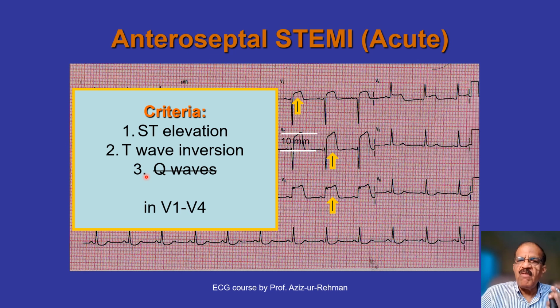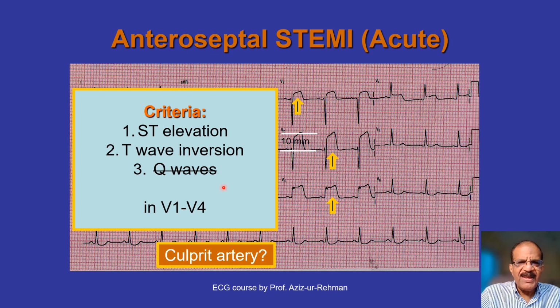Q wave is one of the criteria, but I have struck it here because I don't see Q waves here. And in which leads? In V1 to V4. And we are discussing the criteria of Anteroseptal STEMI. So this is how I made the diagnosis of Anteroseptal STEMI on this ECG. Now we are going to repeat the exercise in 2-3 different ECGs to make the concept better.